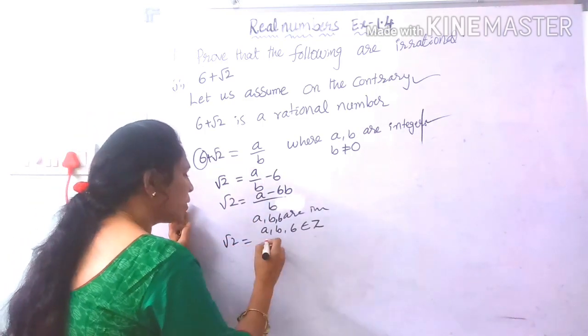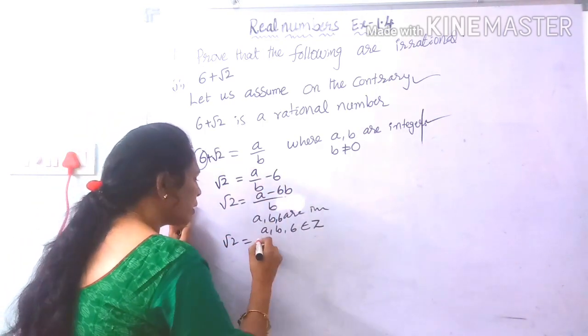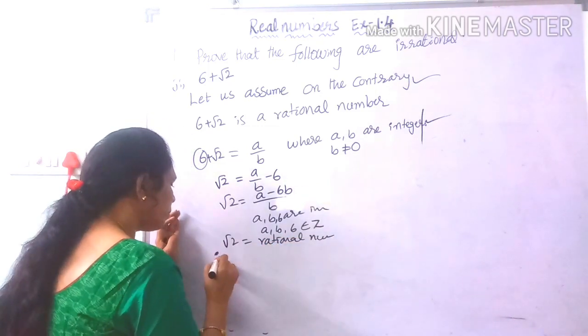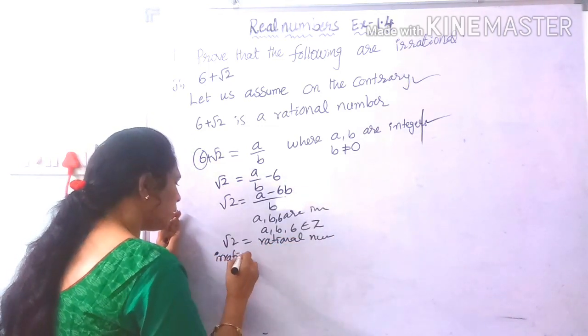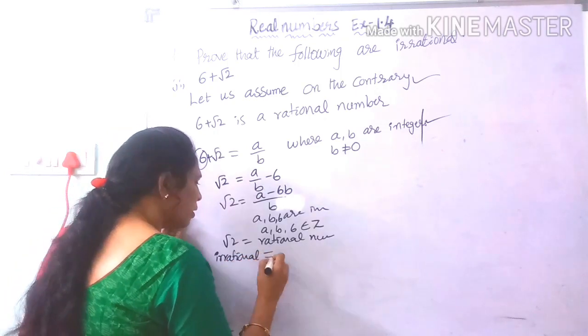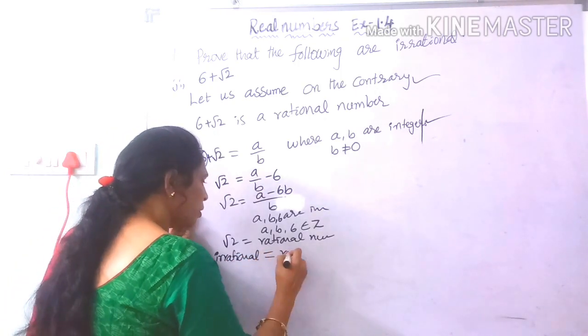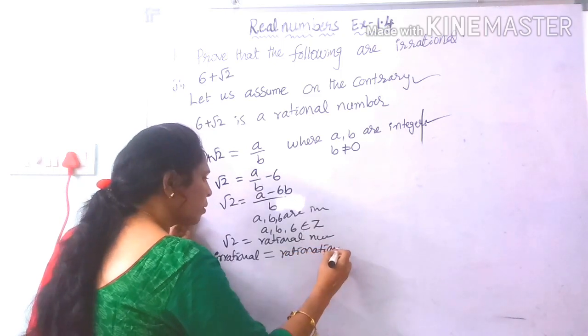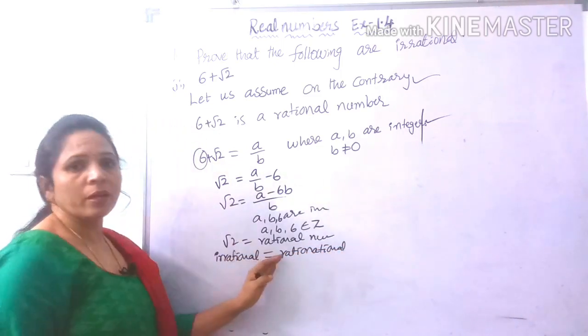So root 2 is equal to this whole thing, a rational number. An irrational number cannot be a rational number. It cannot be possible.